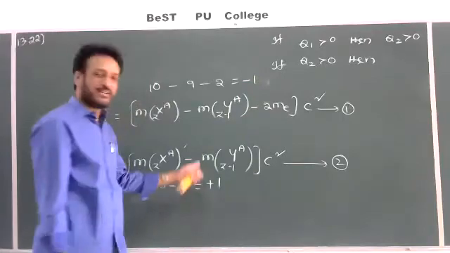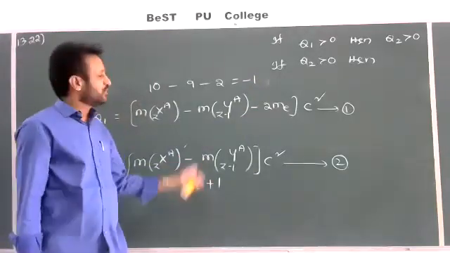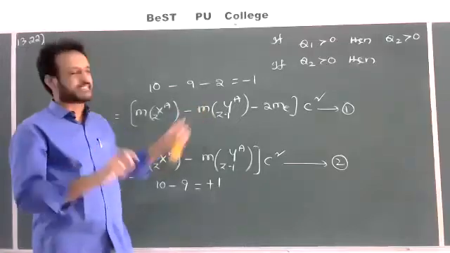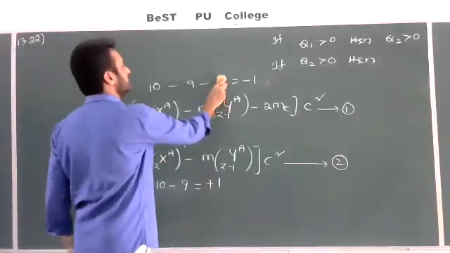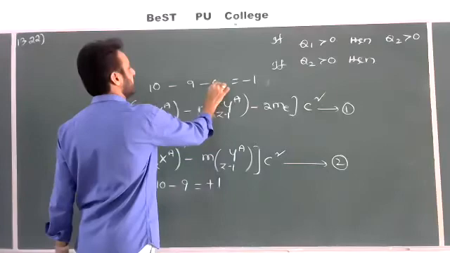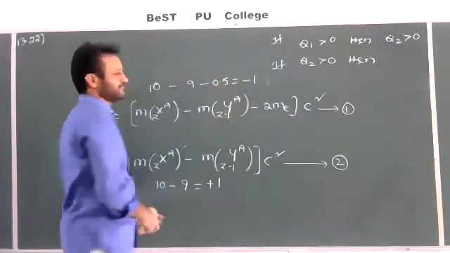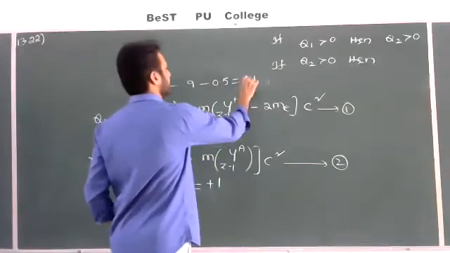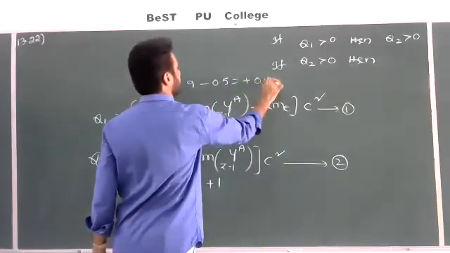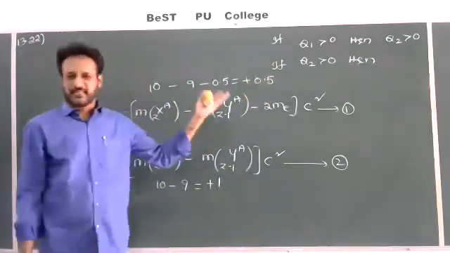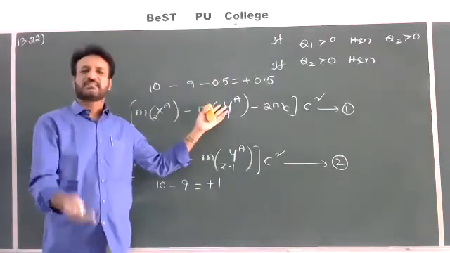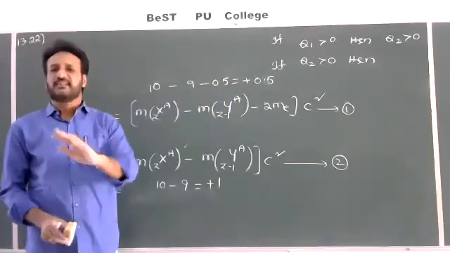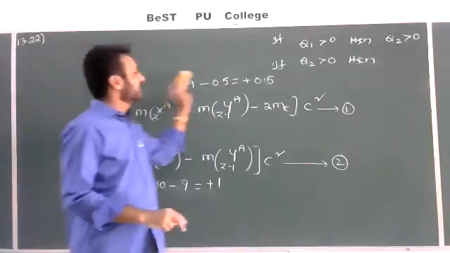So that means whenever Q2 is greater than 0, Q1 need not be greater than 0. It may be minus or may be plus. For example, if this value is only 0.5, then what will we get? So this value 9.5, and that is equal to plus 0.5. So sometimes it may be plus, sometimes it may be 0, or sometimes it may be less than 0 also. So that's why the reverse process is not possible, not mandatory or not compulsory.